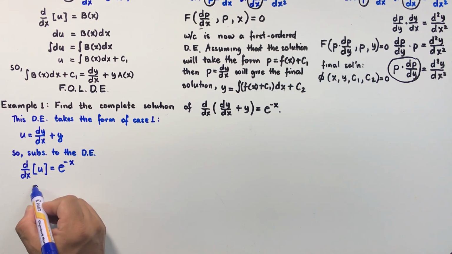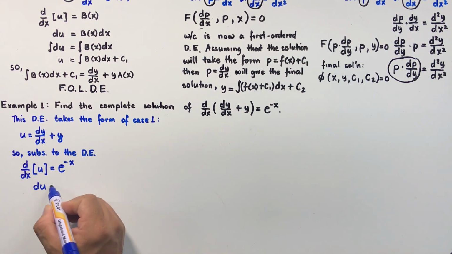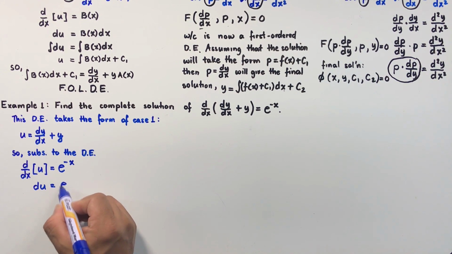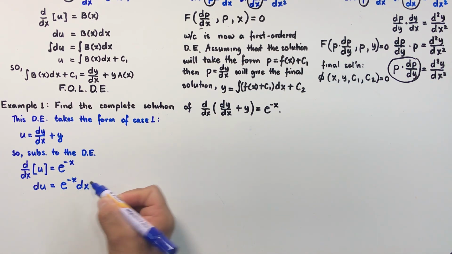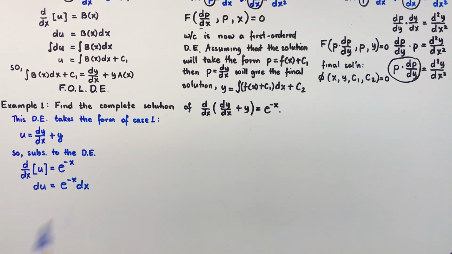And rewriting this equation, we have du equal to e to the power negative x dx. And you see that the variables are separated already. So we can integrate both sides of the equation here.